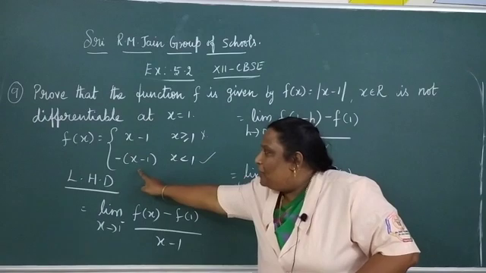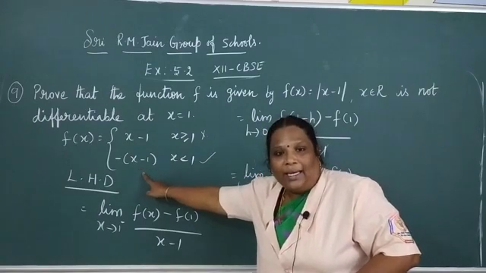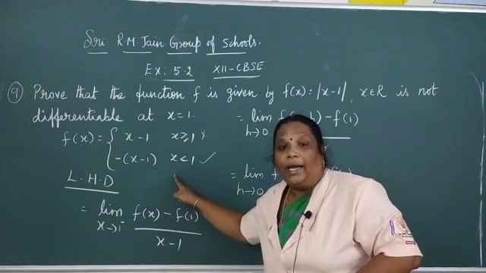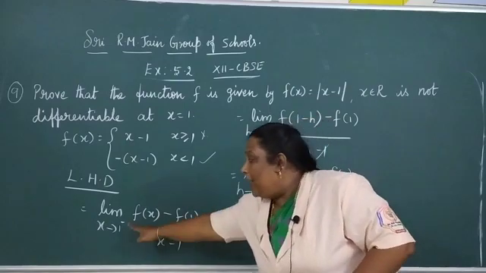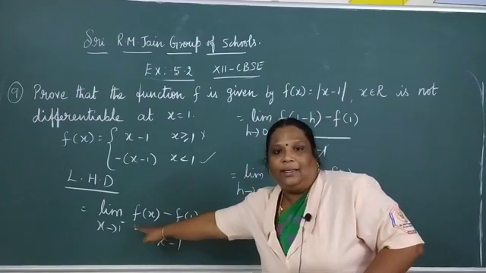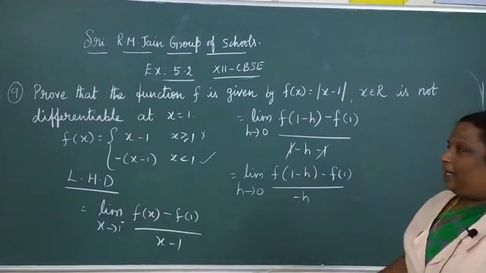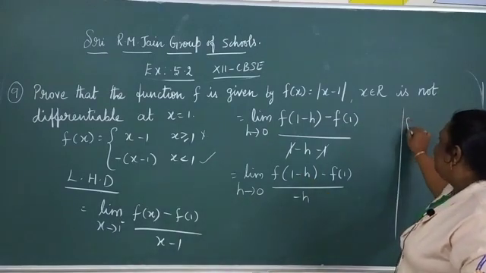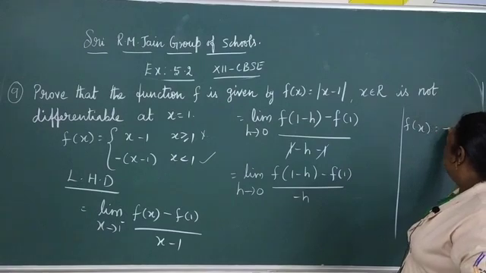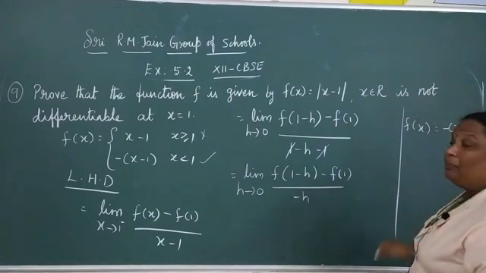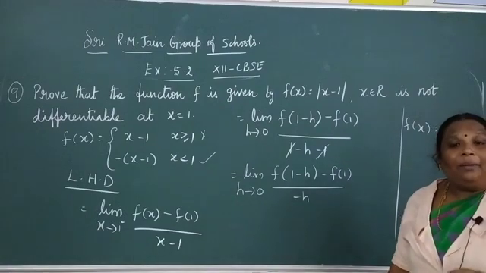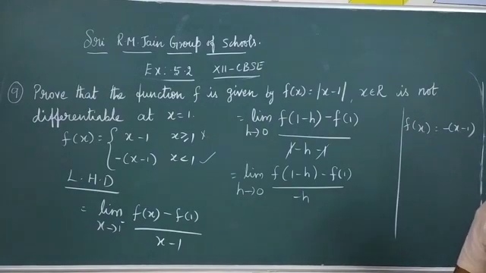So what is my f of x value here? Minus of x minus 1 for x less than 1. So I mentioned here 1 minus. In the upper column, f of x equals minus of x minus 1 because I am discussing the left hand derivative.